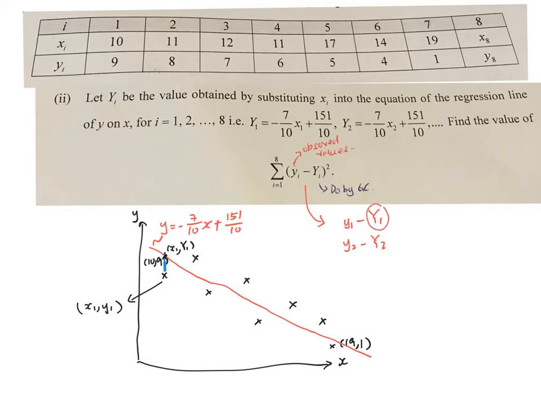This is basically the y value of this point, right? This point here, y3 is over here, capital Y3, capital Y4, capital Y5. Okay, so capital Y is the output from the original x1, x2, x3, but onto the regression line.